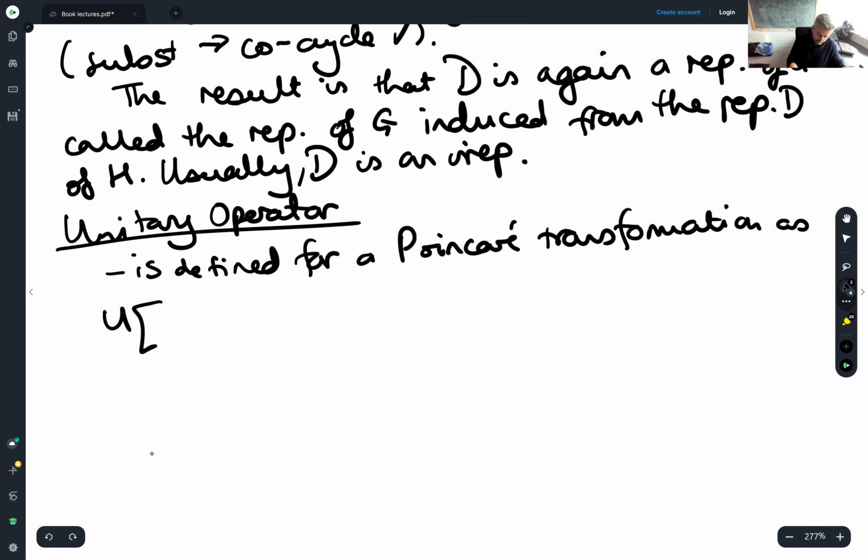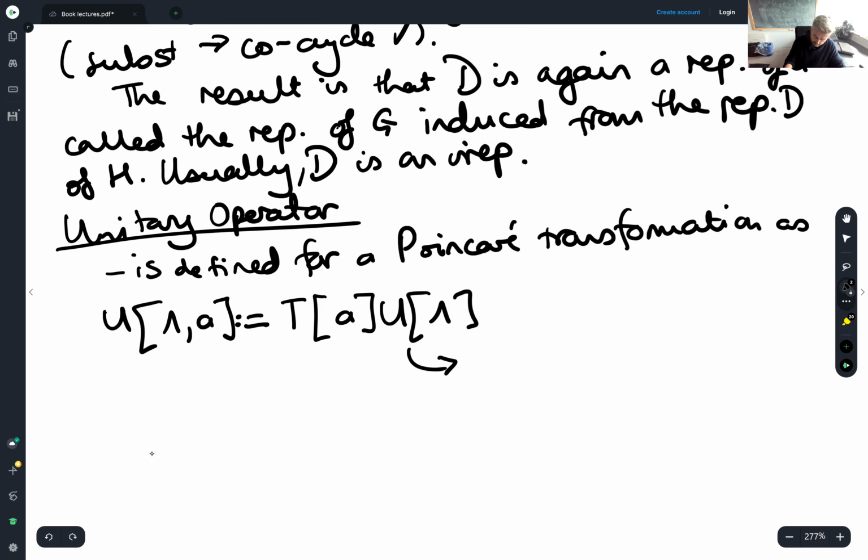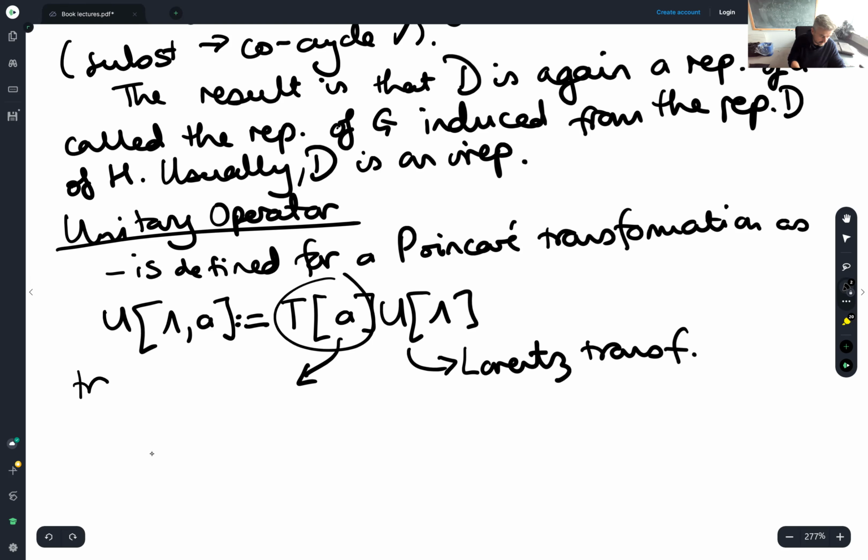U is the unitary operator that's going to represent the element lambda, comma a of the Poincare group, and this is defined to be the Lorentz transformation followed by the translation. So this is the unitary operator corresponding to the Lorentz transformation, and this one corresponds to the translation operator.